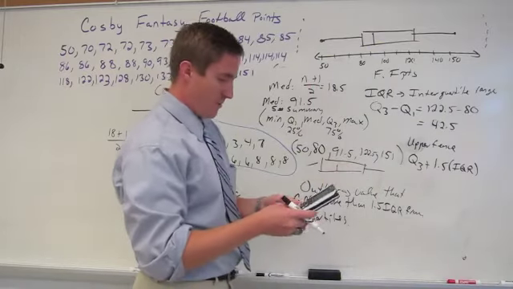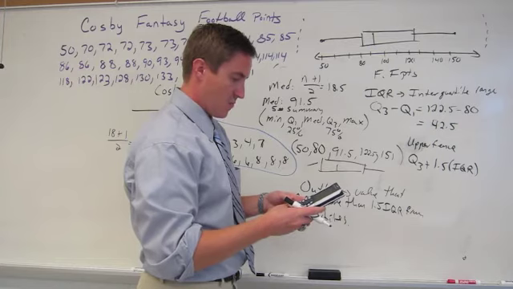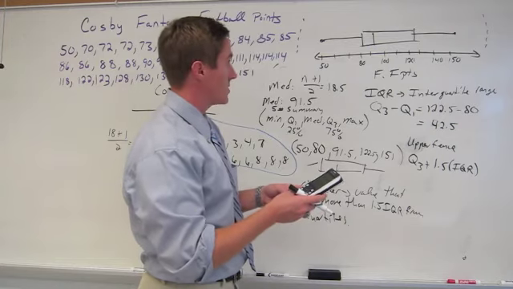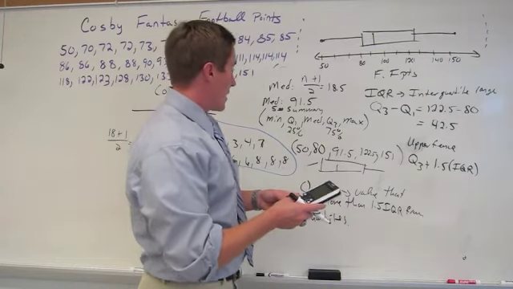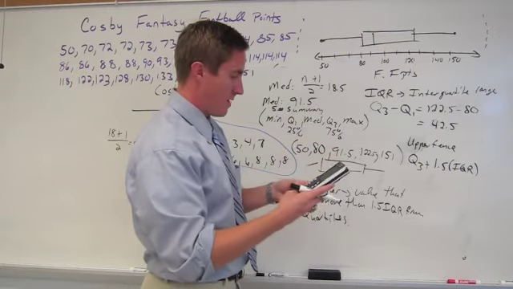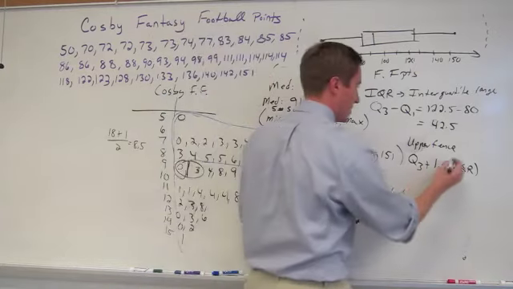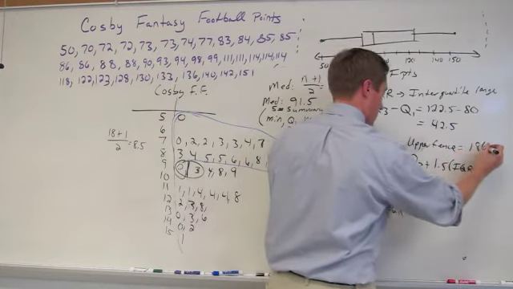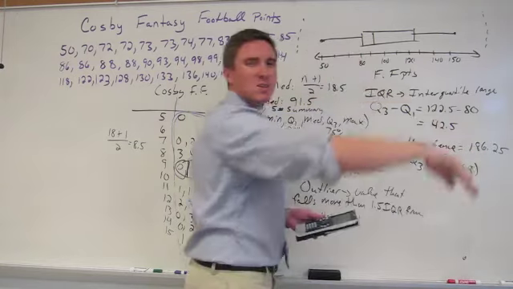So 122.5 plus 1.5 times the IQR, which is 42.5, and that's going to leave us with 186.25.